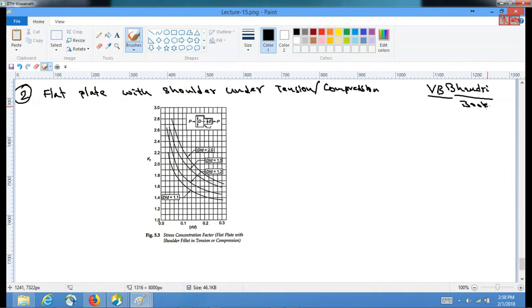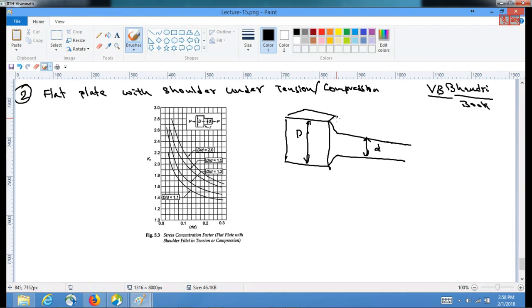So you can see that this case is a plate with a certain thickness where the cross-section changes. This is small d, this is capital D, and the thickness is something, and this root radius is given by R.